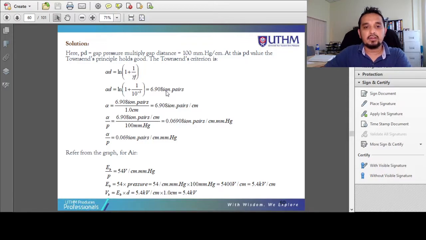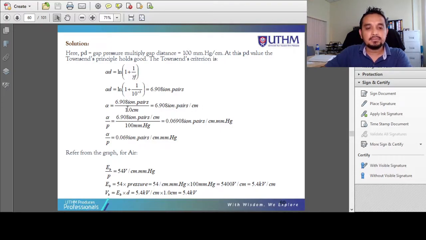The unit will become ion pairs. Further, we know the distance is 1 centimeter, so per centimeter this will become 6.9 ion pairs per centimeter.